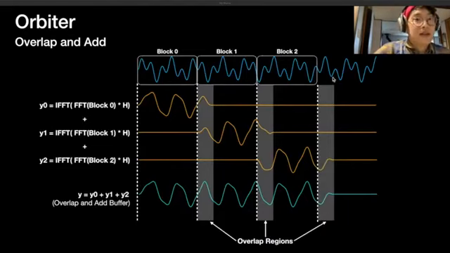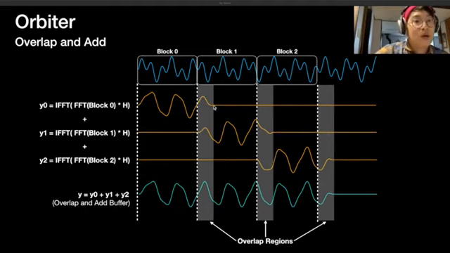We have the signal here up top that we split into 3 blocks. We take the first block and we process it, and we have this resulting waveform. This is the overlap and add buffer. We do the same thing with block 1, and we take the processed output and then we shift it by a block size of samples. And then we do the same thing with block 2.